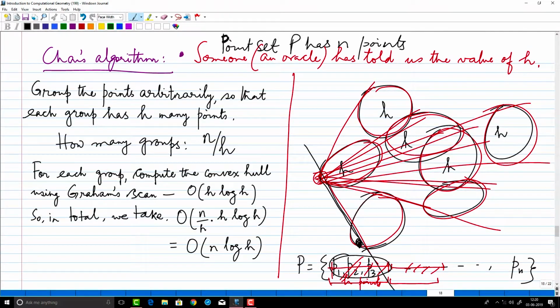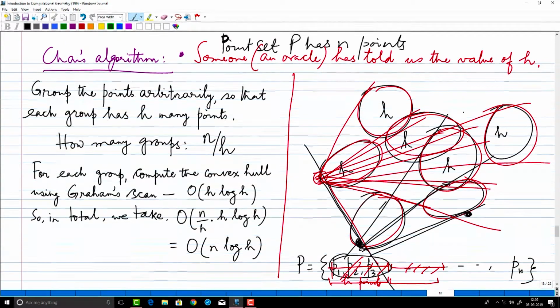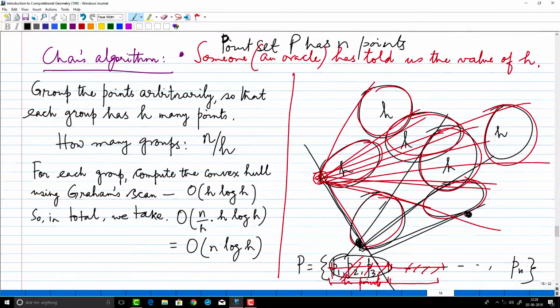So, from here you will jump to another polygon. Again you do the same thing. Again you draw all these tangents. Again take the minimum, you get one extremity, you jump to another polygon, again you do the same thing.